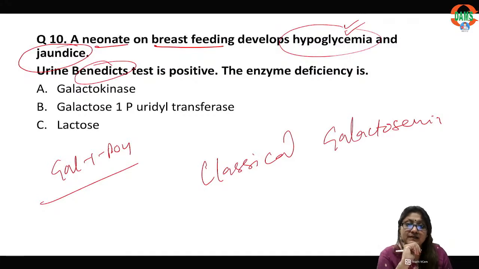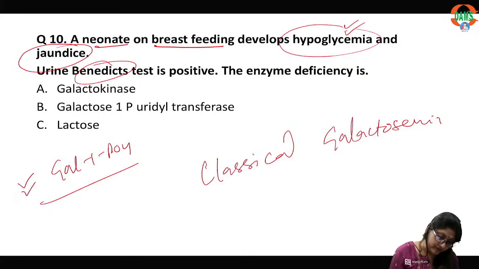So you will get hypoglycemia, right? And galactose 1-phosphate will damage the hepatocyte, and hence the functioning of the hepatocyte, where it conjugates the bilirubin and helps in its excretion, is getting compromised, and a lot of bilirubin is refluxing to the blood, resulting in jaundice.